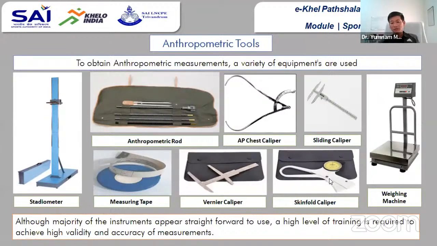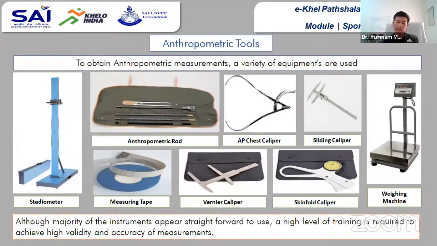And then the skin fold caliper, and this one is the skin fold caliper. There are different models in the market. The specific thing about the skin fold caliper is that it gives a constant pressure of 10 gram per mm square. It is very simple.